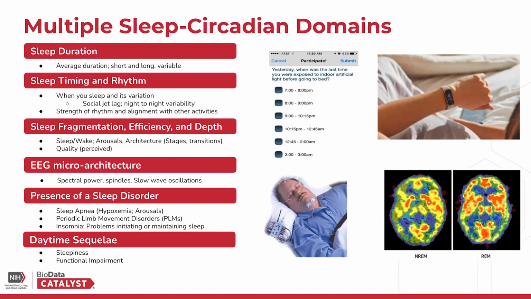So for example, EEG-based metrics of sleep microarchitecture and sleep apnea often require overnight polysomnography studies. Sleep-wake rhythms, on the other hand, may use wrist-worn wearables or activity trackers. Issues about sleep and metabolic changes may use imaging data, and patient-reported outcomes will use various surveys.